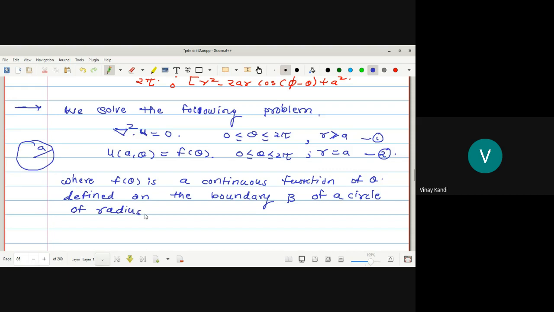Okay, any doubt up to here? No, sir. Okay, here is our definition of the exterior Dirichlet problem.